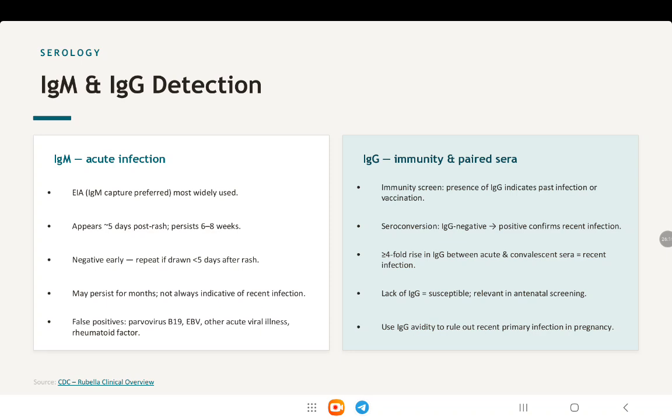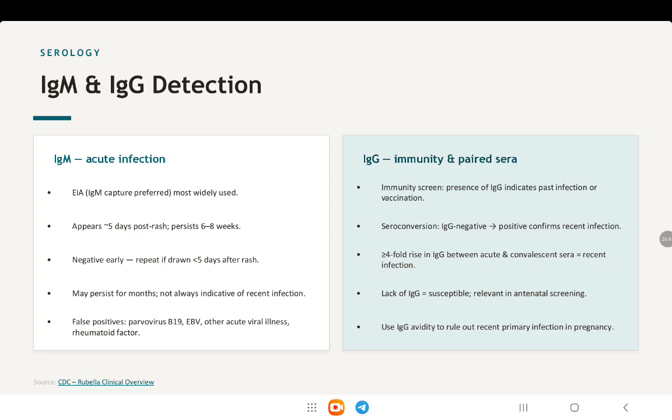In this situation, we repeat the test 5 to 7 days after the rash appeared. Also remember that IgM can sometimes give false positive results due to cross-reaction with other infections, such as parvovirus B19, Epstein-Barr virus, or rheumatoid factor.